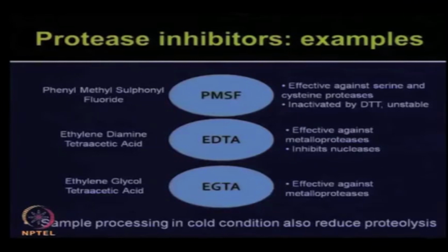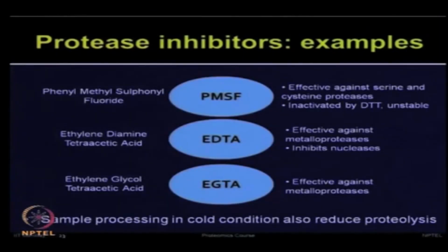Now, I will give you a few specific examples of protease inhibitors, such as phenylmethylsulfonyl fluoride, PMSF, which is very effective against serine and cysteine proteases. It can be inactivated by DTT and it is unstable when you are preparing samples for gel based applications.